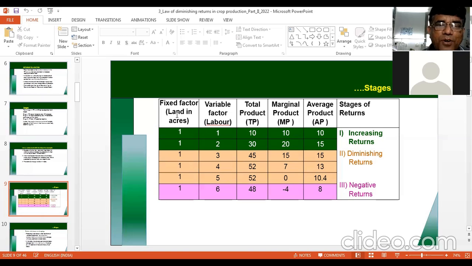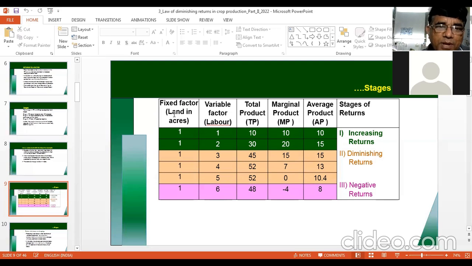That means 1:2 is the ideal ratio, the best ratio to get maximum marginal product. But that may not be the best level of the labor when we consider it in terms of money. But here, the marginal return is highest when you have a 1:2 ratio of the fixed factor and variable factor.